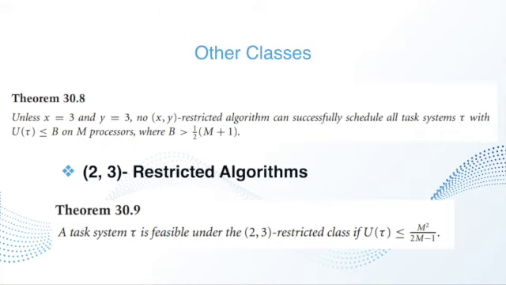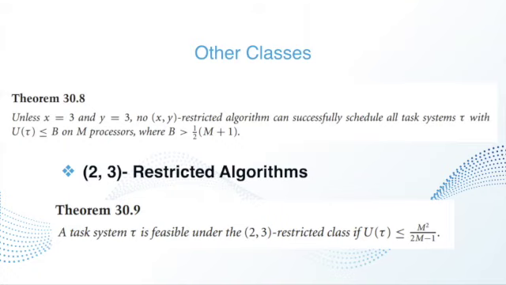In the new algorithm, tasks that have utilizations at least m over 2m minus 1 are statically assigned the highest priority in the system, while the remaining tasks are prioritized on an EDF basis. Thus, we have the following theorem.